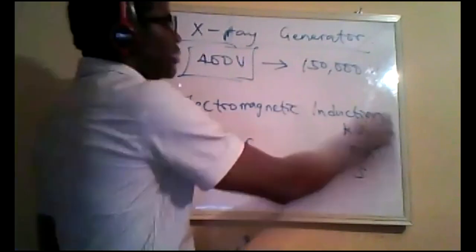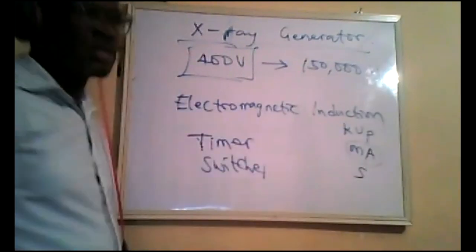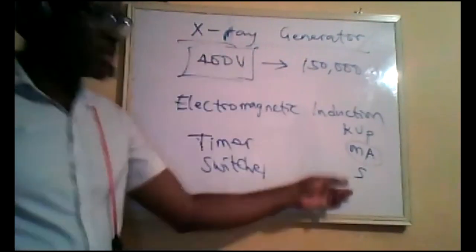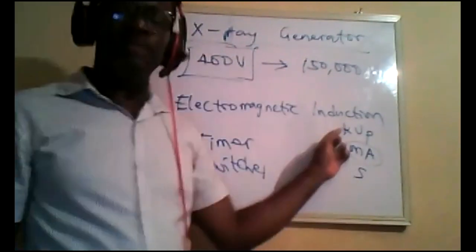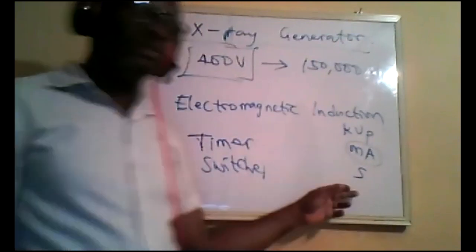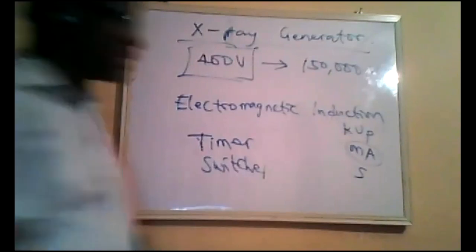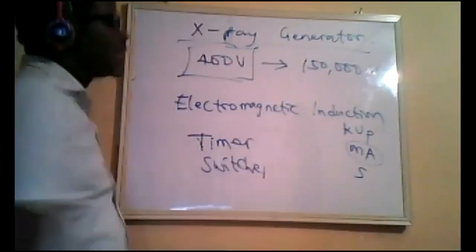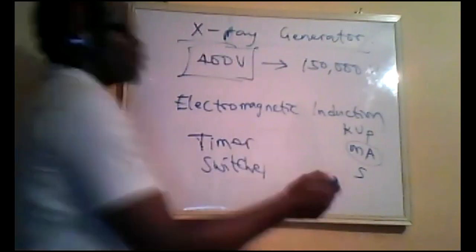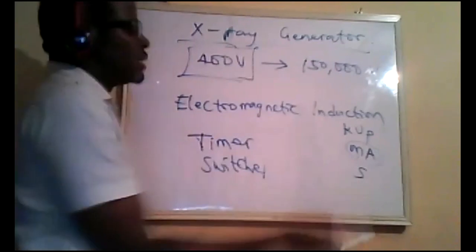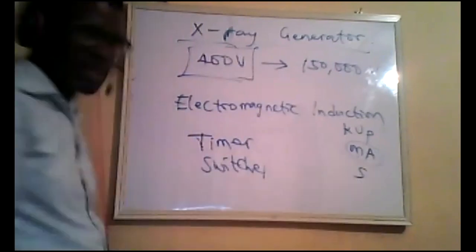These are the selectable parameters that radiographers usually input. At times they might want to select the bigger focus or the smaller filament, but most times the machine does that automatically. All these are inside the timers. And at times, instead of mA and S coming separately, they come together.